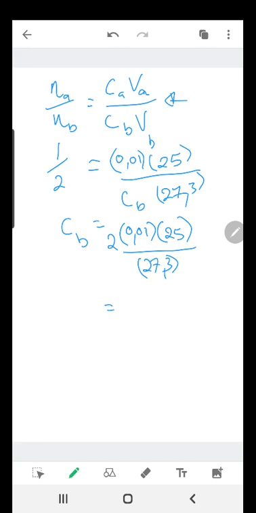It's 2 times 0.01 times 25 divided by 27.3, and our value is 0.018 molar. Right, so let's just see that. 0.018 molar. Easy to understand.